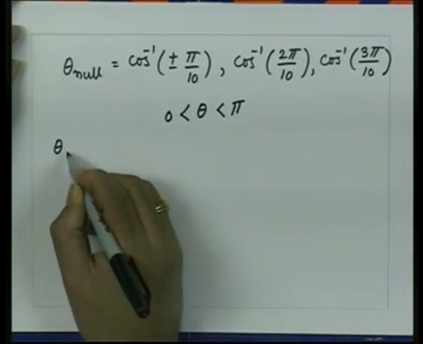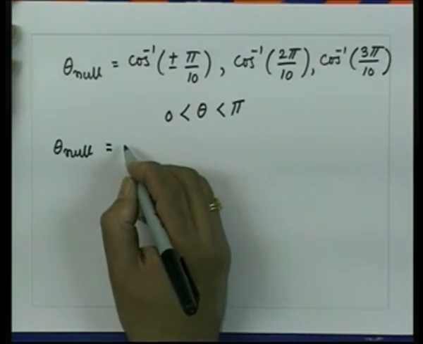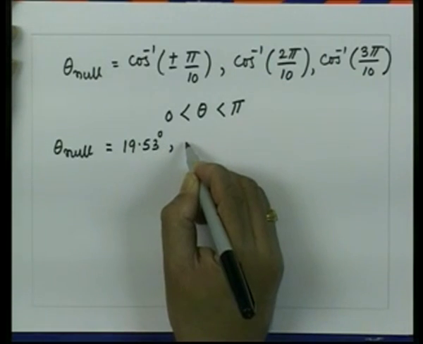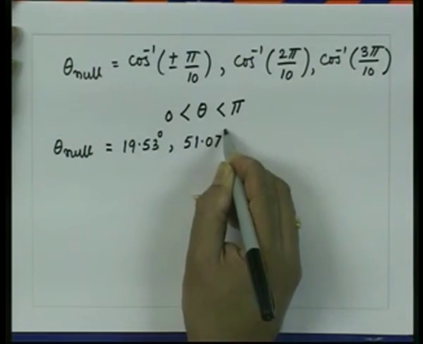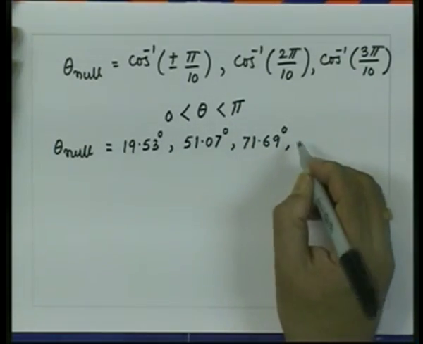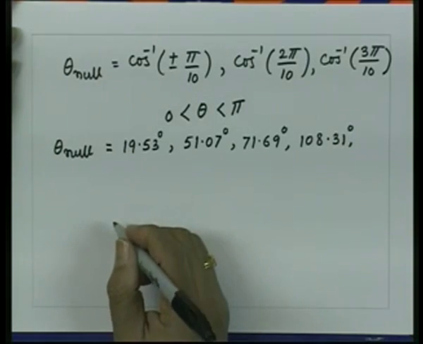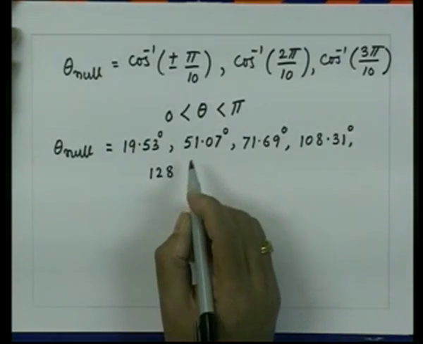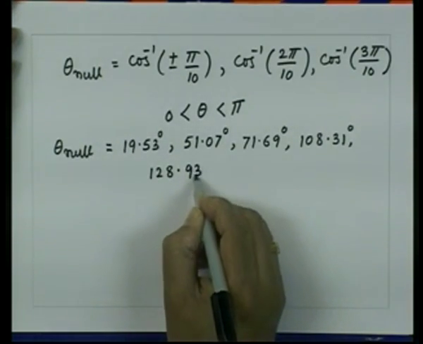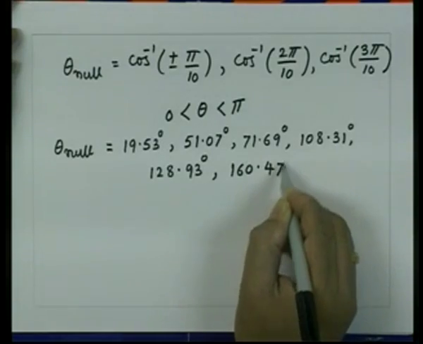So, we get theta nulls, that is equal to 19.53 degrees, 51.07 degrees, 71.69 degrees, 108.31 degrees, 128.93 degrees and 160.47 degrees.